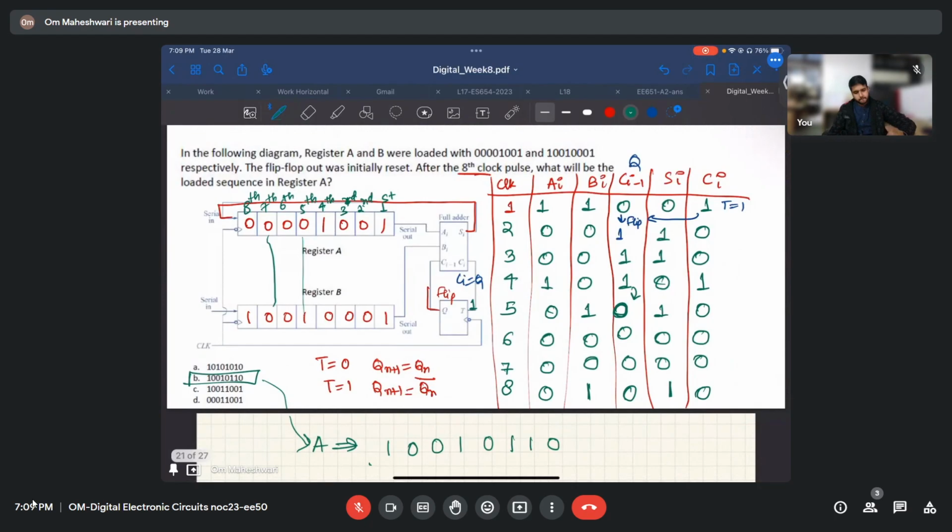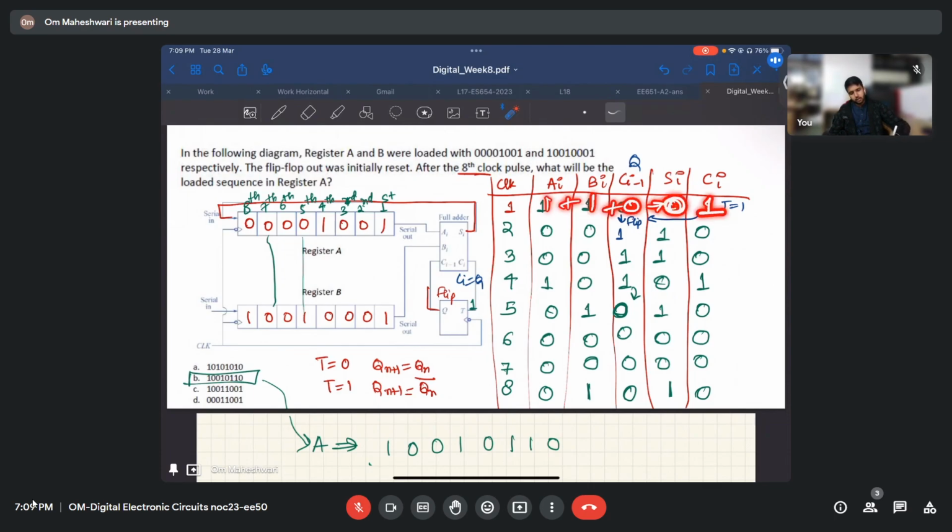Please see it again. I'll repeat what we were doing. We had these initial inputs. Every clock cycle, these will go out one by one, and whatever the sum will be is filled back in. So if initially you have 1 and 1, 1 and 1, Ci is initially 0. The sum is 1 plus 1 plus 1 plus 0, which is 0 with a carry of 1.